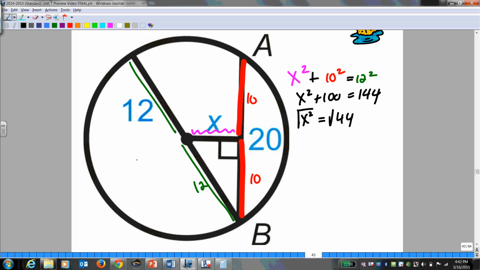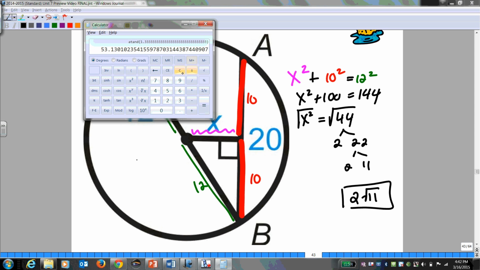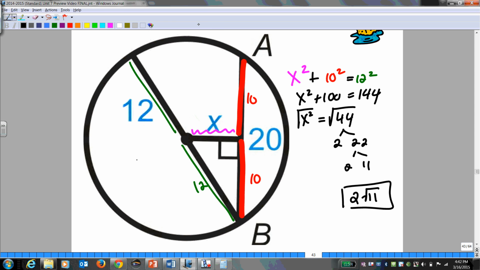We square root, and we can have 2 and 22, 2 and 11. So that's 2 root 11. Or we do the square root of 44, and it's 6.6. You need to be familiar with both. I might ask you for both.